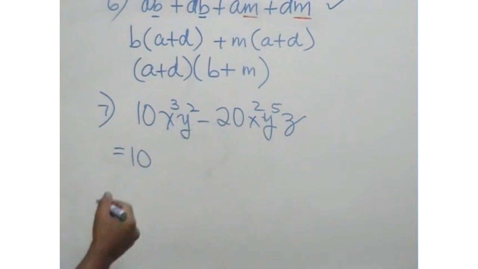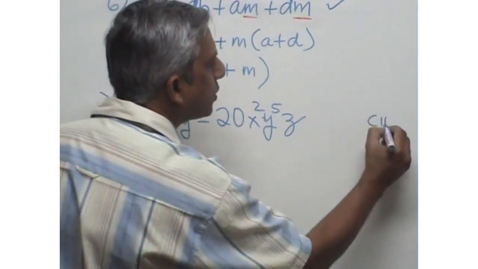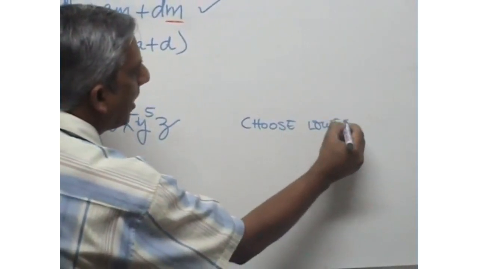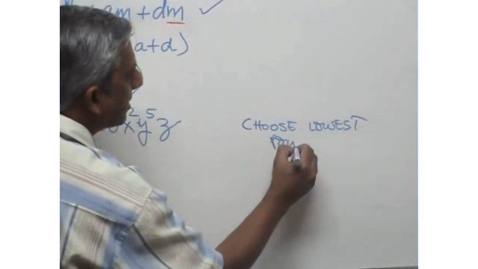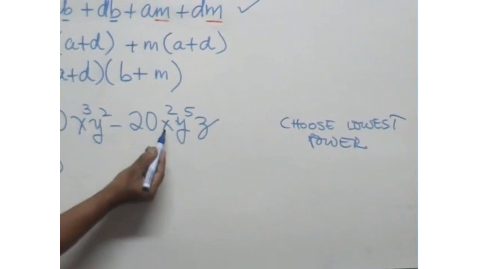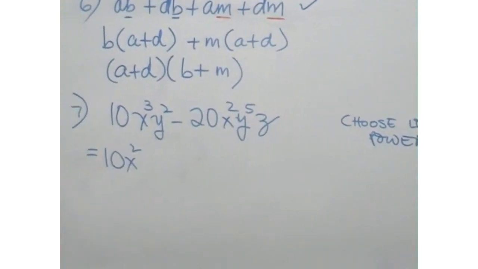Now we got powers. Now I'm going to give you a little tip. For the power, always choose the lowest power. That's a tip. So you can see that x is common. You got x cubed and you got x squared. So the lowest power for these two will be x squared.